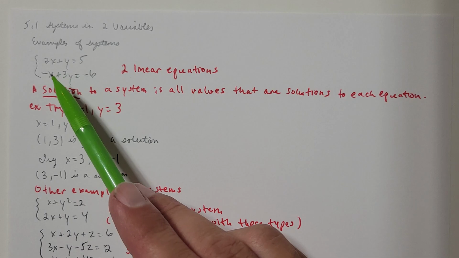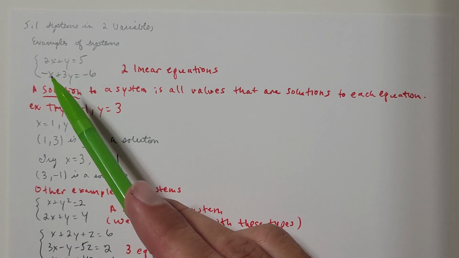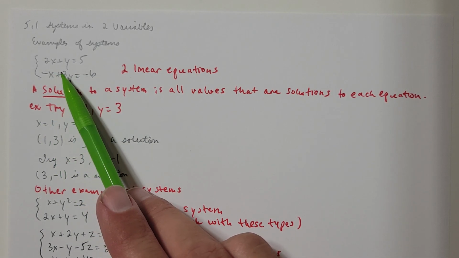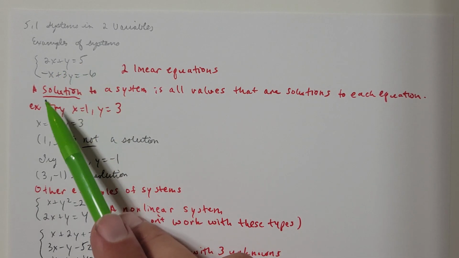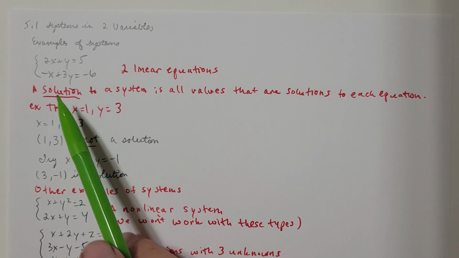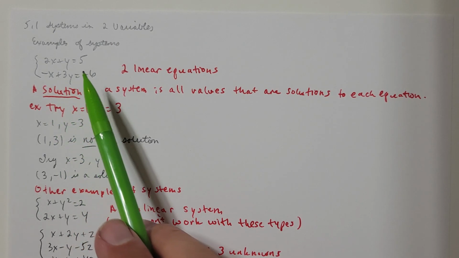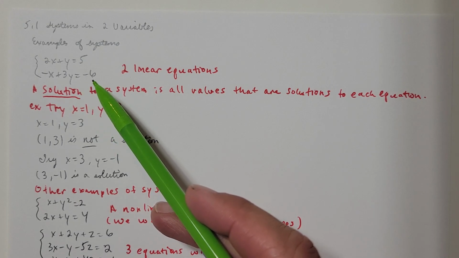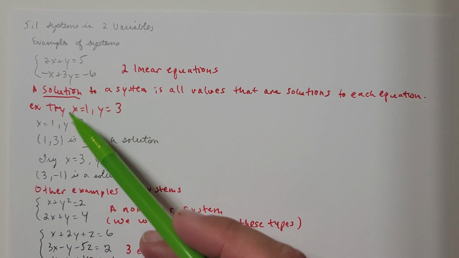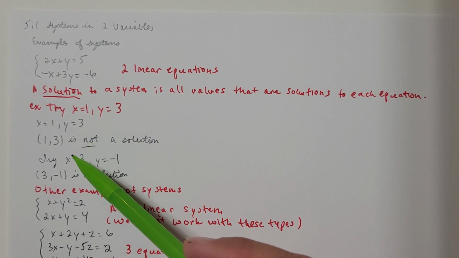The reason why I'm choosing 1 and 3 is because 2 plus 3 is 5. But if I put that in the bottom equation there, x is 1 and y is 3. Negative 1 plus 9 is not negative 6, right? Because I get 8. So 1, 3, that's not going to be a solution.